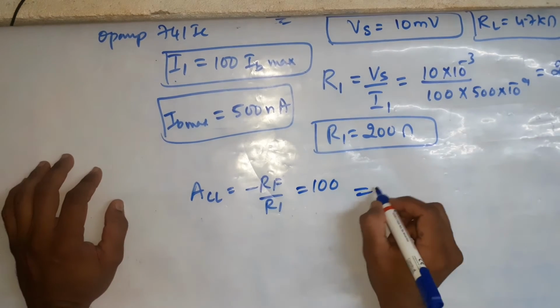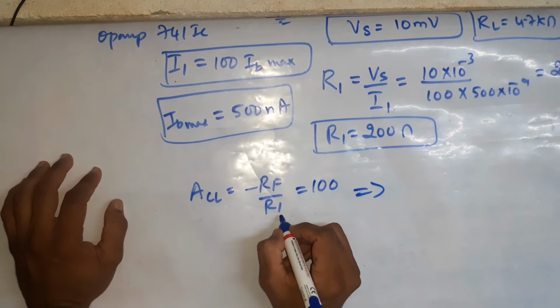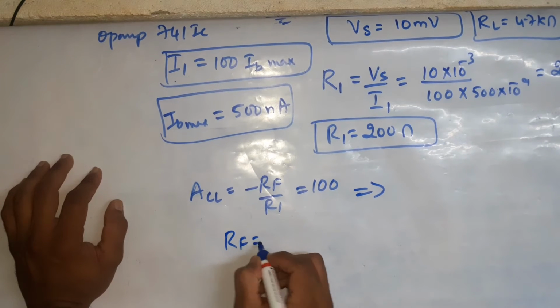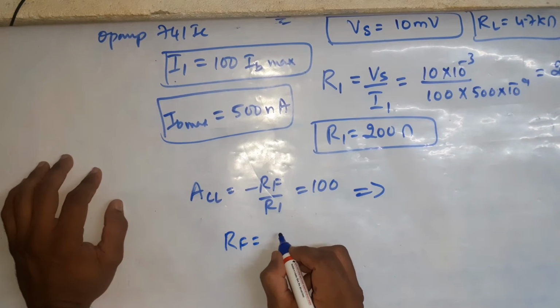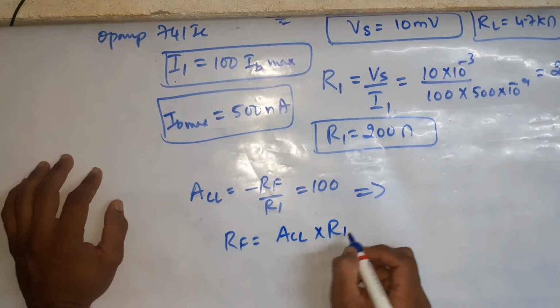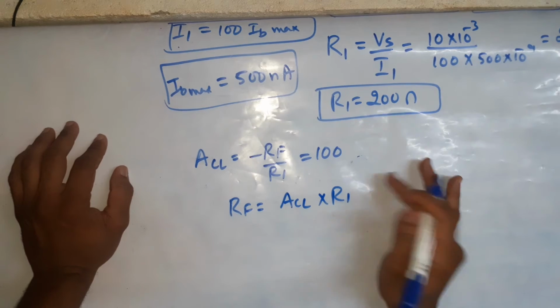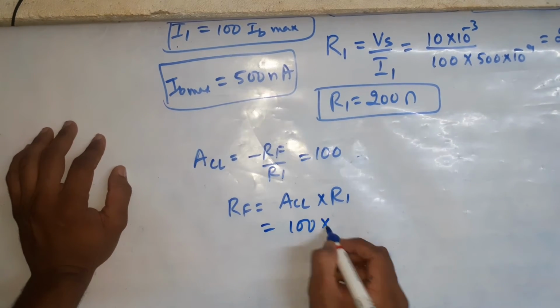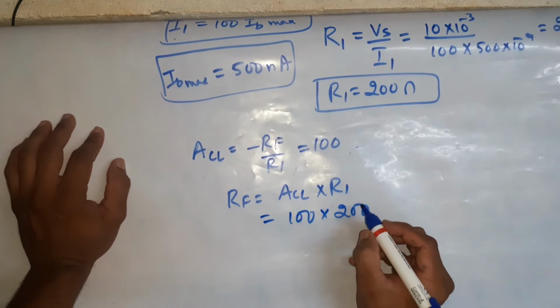If I simplify this, R1 is already 200 ohms, so I can write RF equal to ACL, gain, into R1, that is 100 into 200.